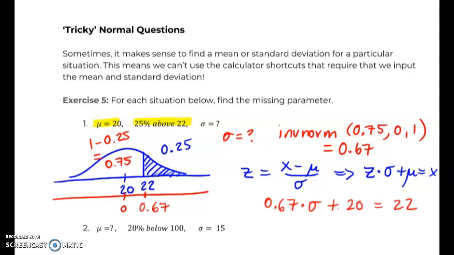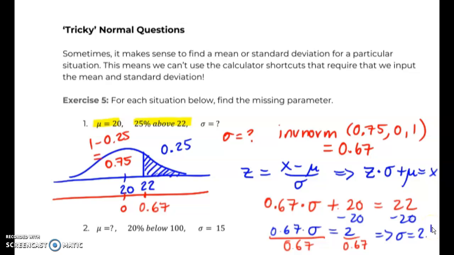Solving this for sigma, we subtract 20, and we have 0.67 times sigma is equal to 2. Then we divide both sides by 0.67, and we end up with a sigma equal to 2.99.